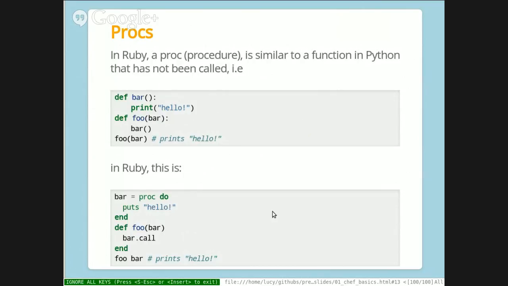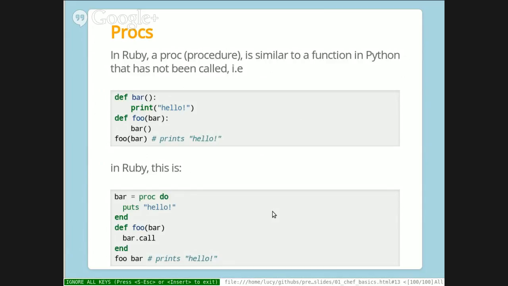Okay, so a proc is a procedure or a function. So you can assign a function to a variable, and then you can pass that variable around. So you can pass processes around like that. Sometimes it's useful. In this example, it prints hello.